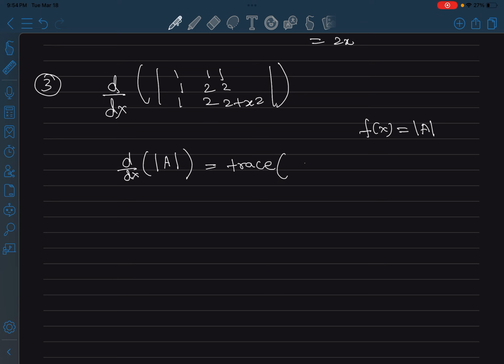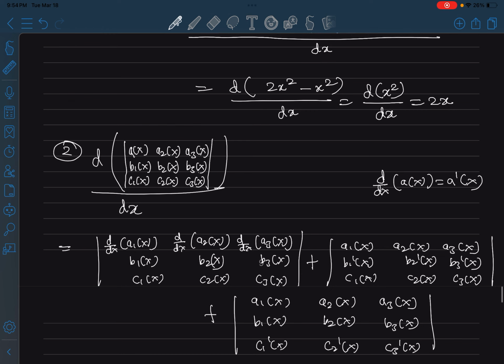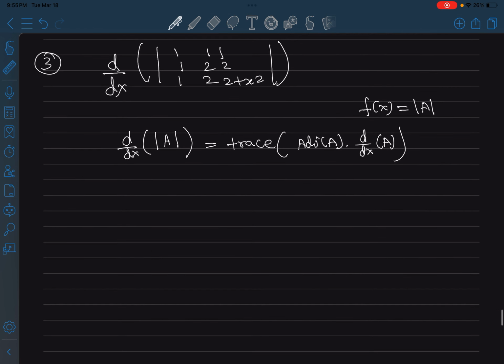This will be equal to the trace of the adjoint of A times the derivative of matrix A. Now to find the derivative of matrix A is actually easy. You just find the derivative of all the elements, right? That's the derivative of the matrix.